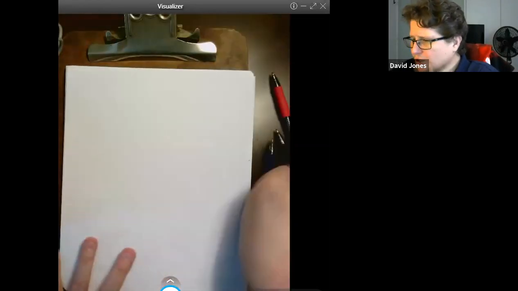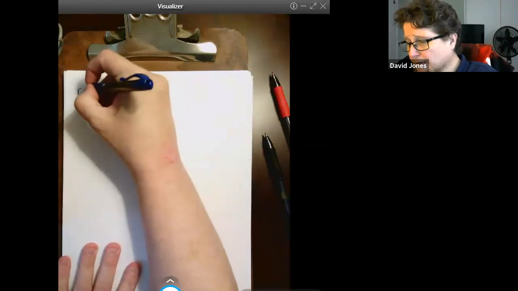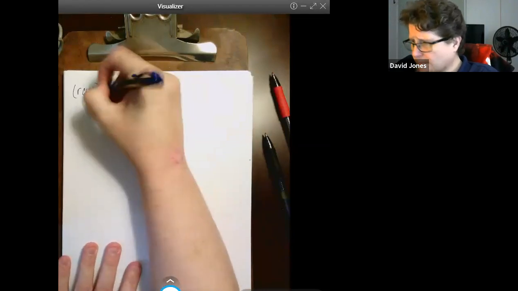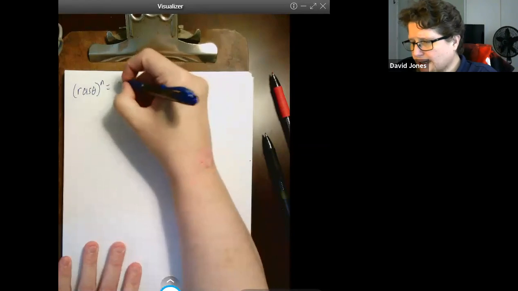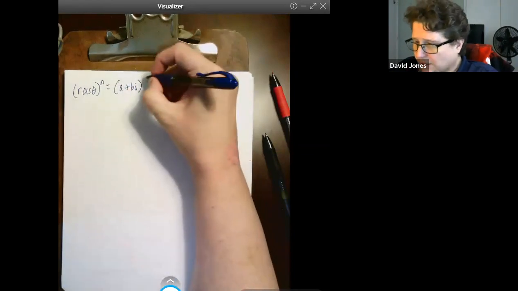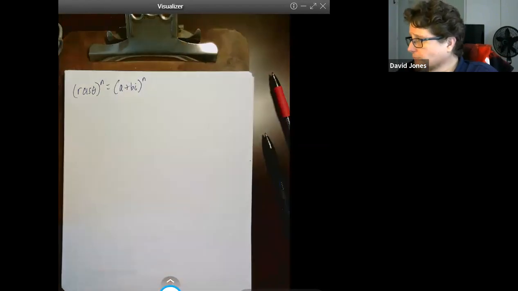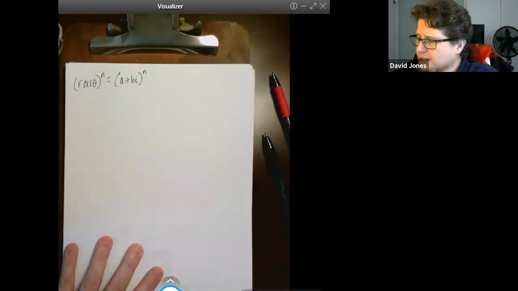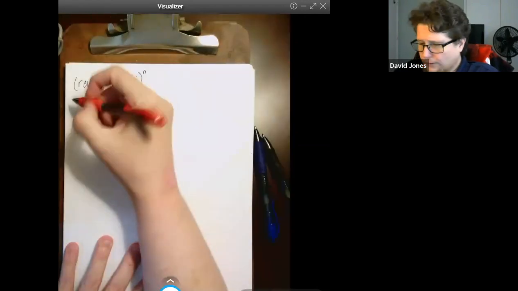So let's do that here. We've got r cis theta to the nth power, and that's really a plus bi, some real component, some imaginary component, to the nth power. And there's a rule for complex numbers. This is called the nth root rule.